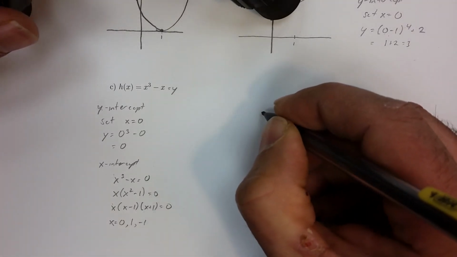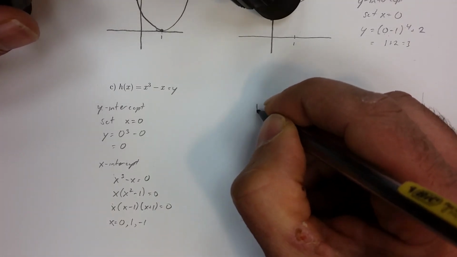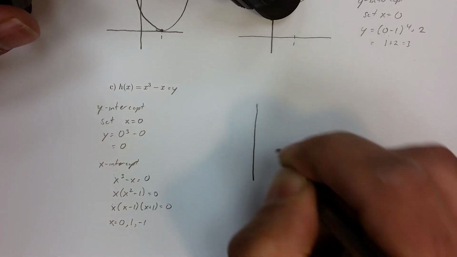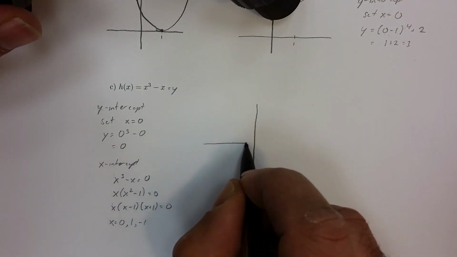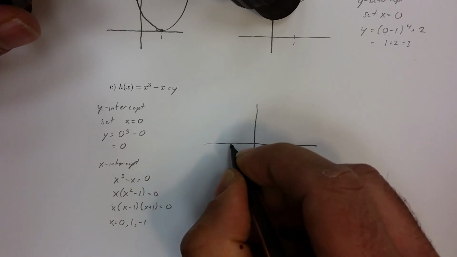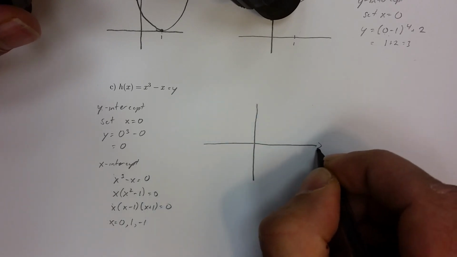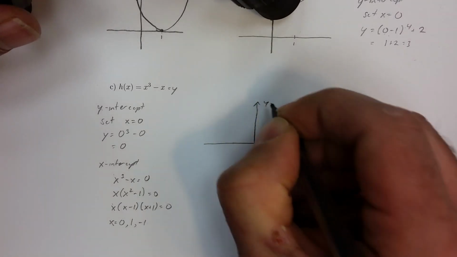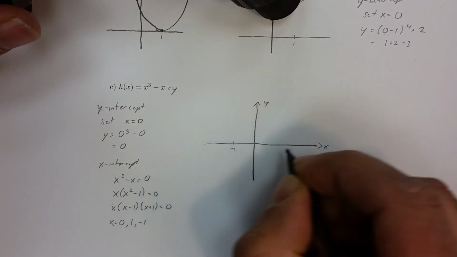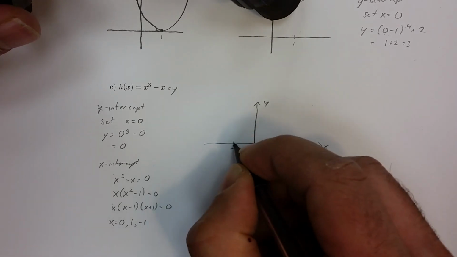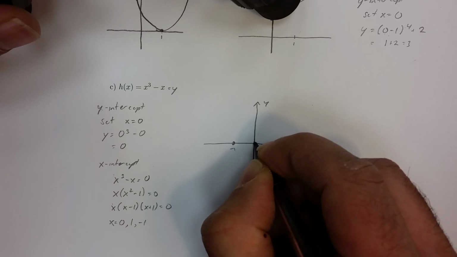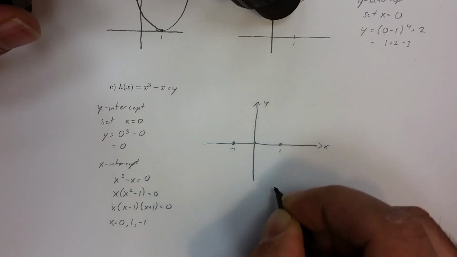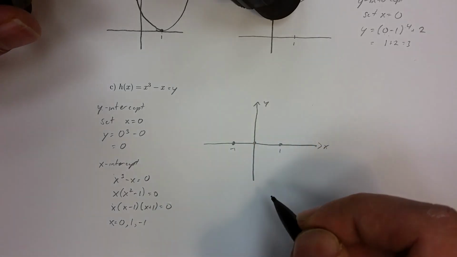So let's draw some x and y axes here. So we know it crosses the x-axis 3 times. 1, 2, 3. Now let's figure out where it's above and below the x-axis.